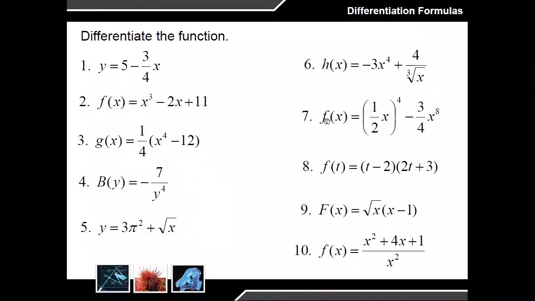So the final example would be, let's try this. Number 6. Negative 3x raised to 4 plus 4 over cube root of x.